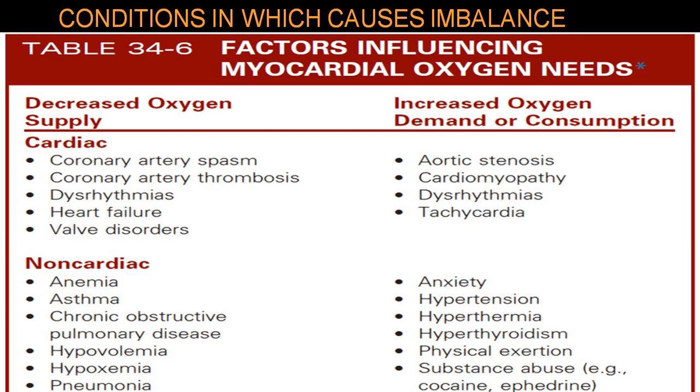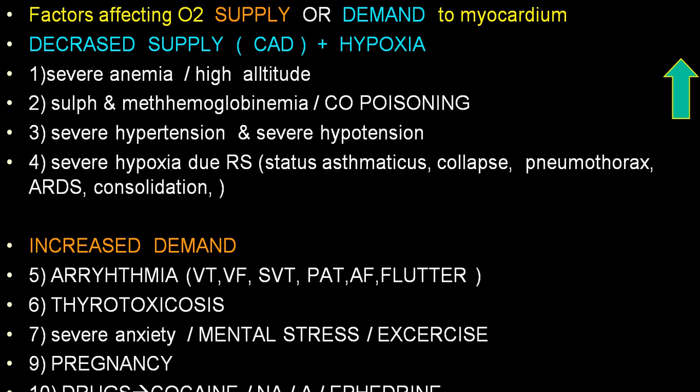COPD, hypovolemia, shock, hypoxemia, pneumonia, etc. An increased demand, classically in case of LVH secondary to aortic stenosis, hypertrophic cardiomyopathy, tachyarrhythmias, tachycardias, or increased demand in anxiety that will also end up with tachyarrhythmias, hypertension, hyperthermia, hyperthyroidism, severe physical exertion or drug use like cocaine, ephedrine, etc.